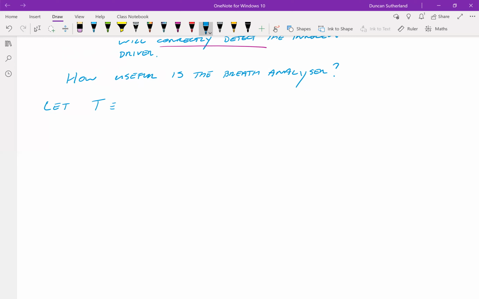Let's say T is a positive test result. So positive means that in this case, blood alcohol content is greater than 0.05, for example. The driver is said to be drunk. That might be a very negative thing for our driver, of course.